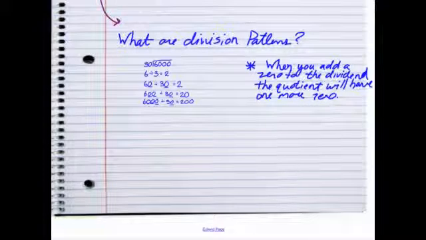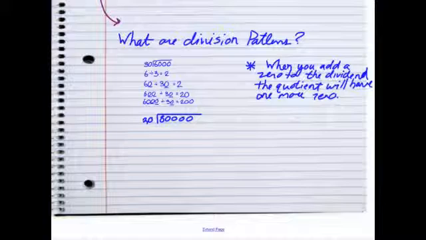So how about 20 divided into 80,000, right?